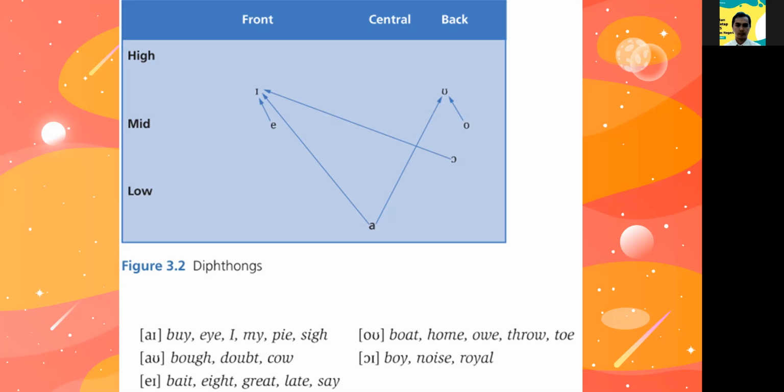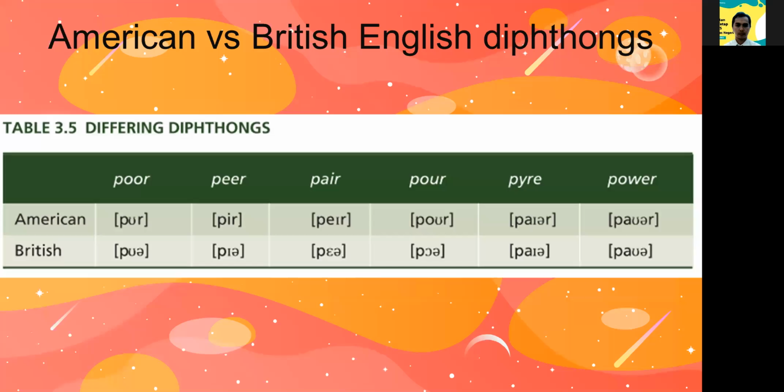Another example is the diphthong au, in bow, down, and cow. It will start from a and then u, as well as other types of diphthongs.